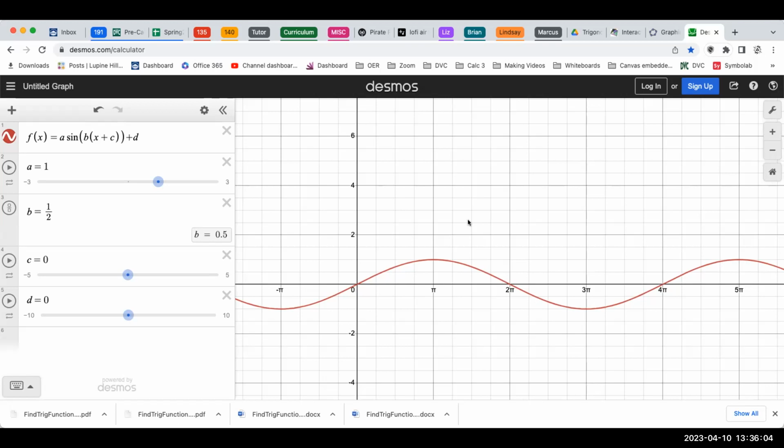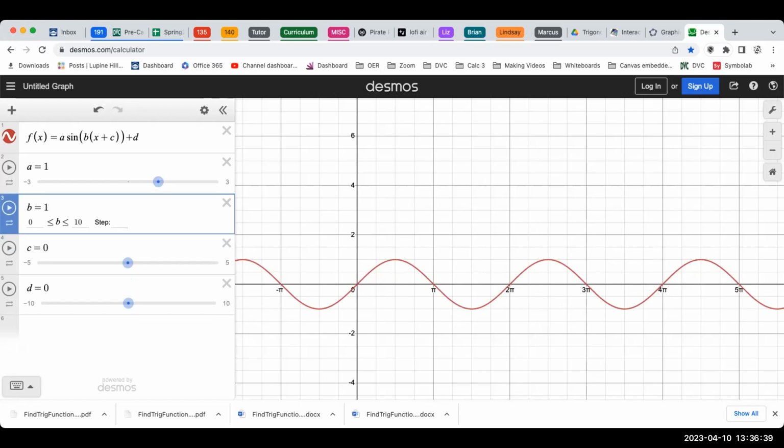Because I'm dividing 2 pi by 1/2, which forces me to multiply by the reciprocal, which is 2 pi times 2, 4 pi. Okay. How many times does it cycle from 0 to 2 pi? Only half of it. Okay. So this B value tells you how to find the new period. You divide 2 pi by that B value, but it's also telling you how many times it'll cycle from 0 to 2 pi. Okay, that's what the B value will represent.